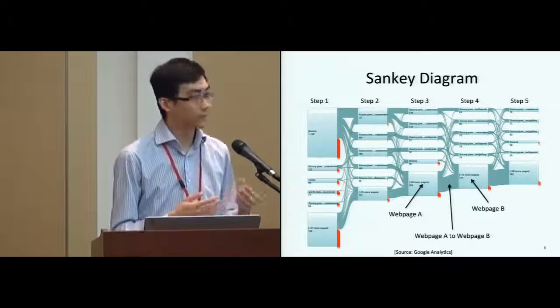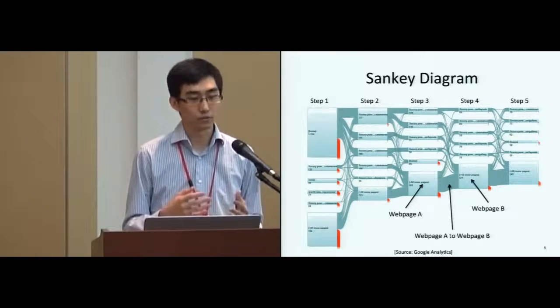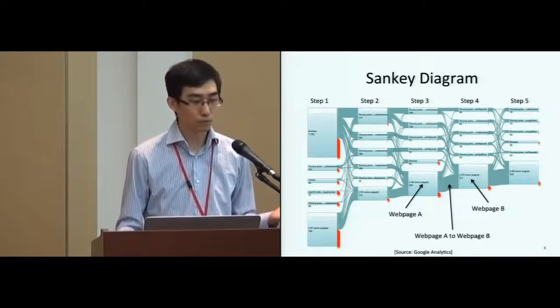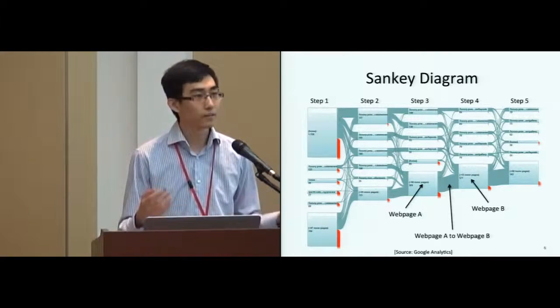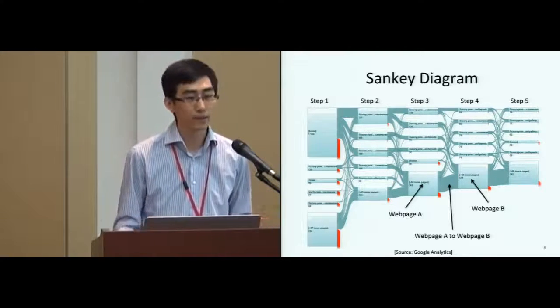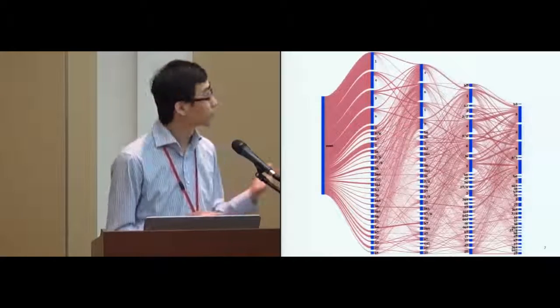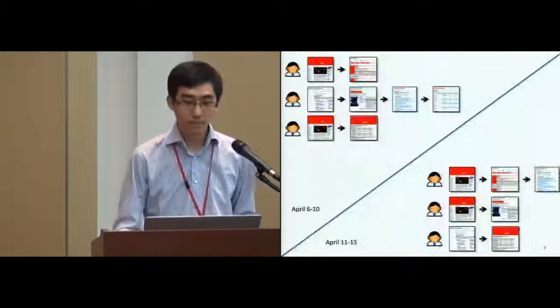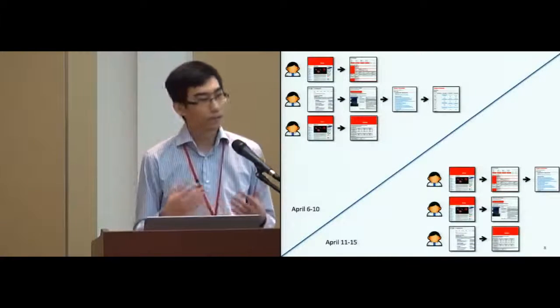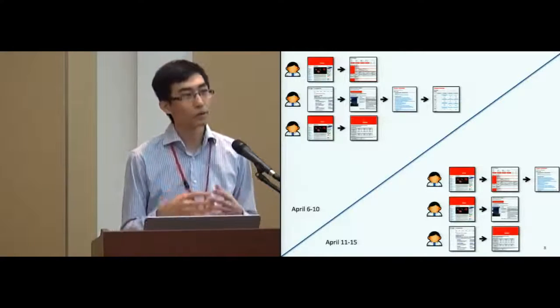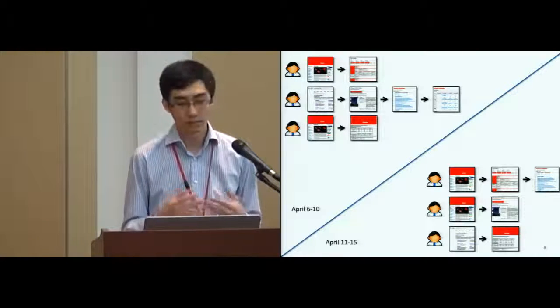However, one downside of this visualization is the edge crossing problem. Here, I only show 20 pages, and there are hundreds of pages at the Kai website, and it's going to be worse than this.